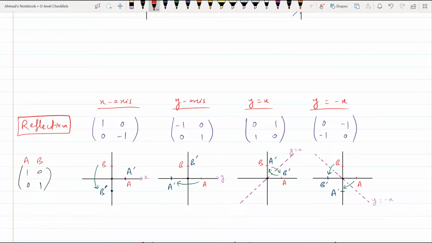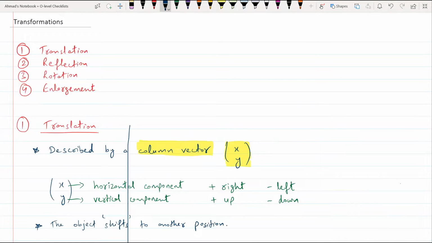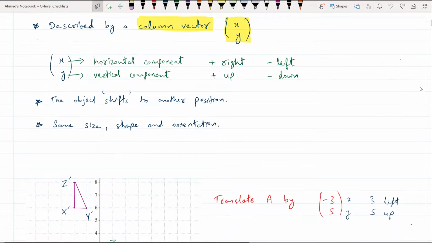अच्छा, अगर x axis में रिफ्लेक्शन होगी तो A कहाँ चला जाएगा? A will just stay there, and so A dash is exactly the same. So that's why we have 1 0 here. 1 0 आपके पास वहां पे आ गया. ठीक है, B कहाँ चला जाएगा? B will go down here, x axis में reflect होके, that's B dash. इसके coordinates क्या होते हैं? 0 minus 1, so that's your B there, that is 0 minus 1.